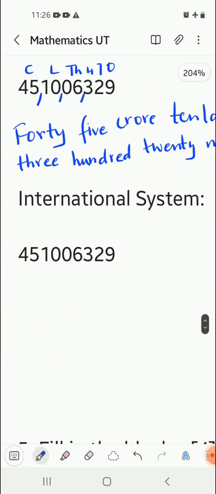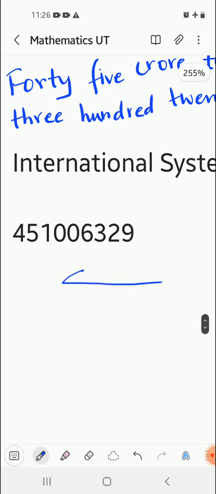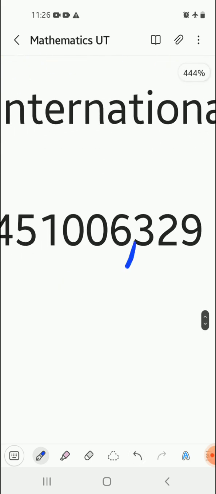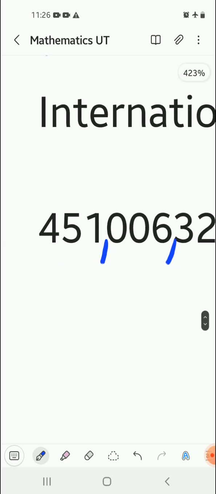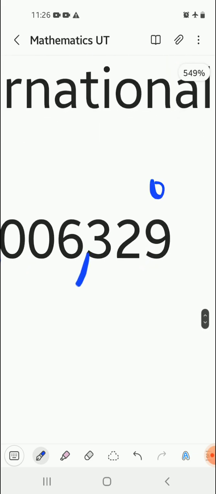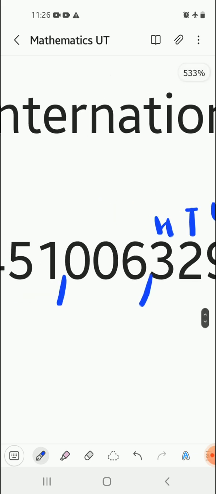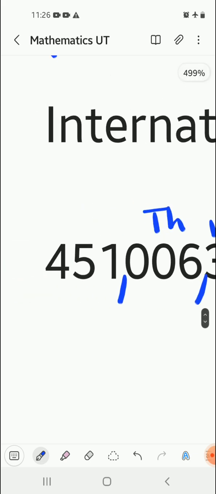Similarly, for international system, we are going to again start from right and move towards the left, but leaving 3 digits gap. So first 3 digit, again 3 digit. Now units will be ones, tens, hundred. This is thousand, and this will be million.